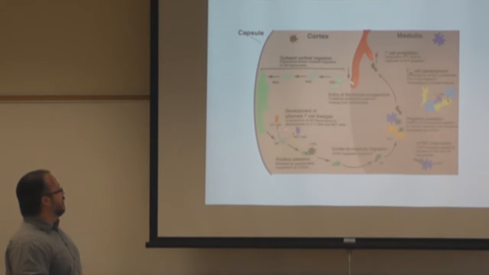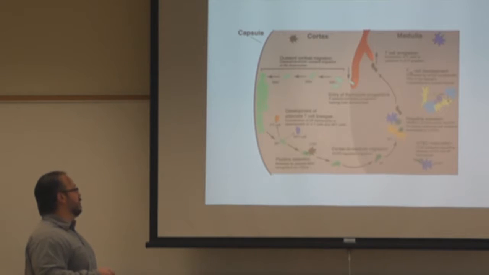And then in the cortex, the outer portion of the thymus, they're going to come into contact with antigen-presenting cells, these cortical thymic epithelial cells. What's a cTEC? Cortical, so it's in the cortex, thymic epithelial cells.